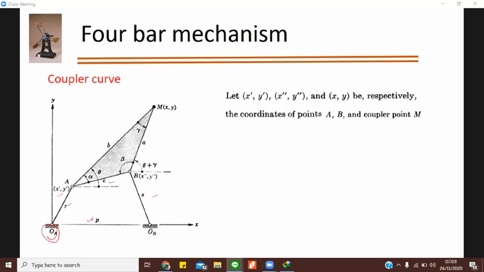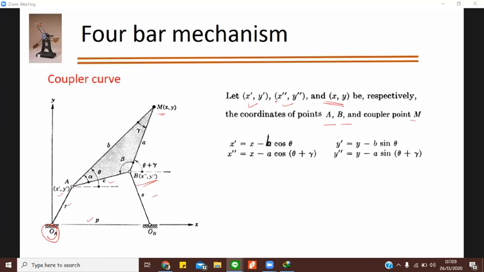So with respect to this frame, I'm defining all these coordinates. So this A is X dash, Y dash. B is your X double dash, Y double dash here. And your M is this one, your XY.